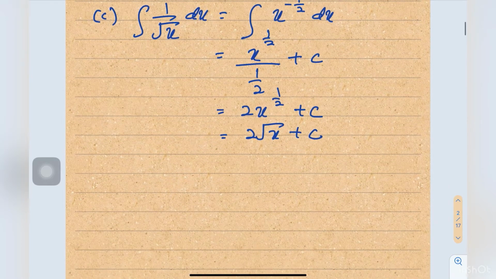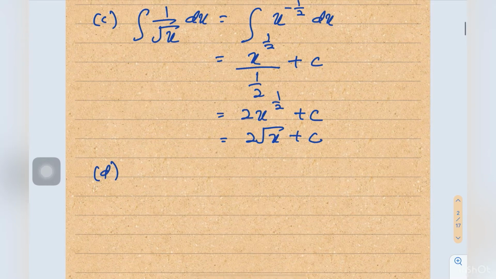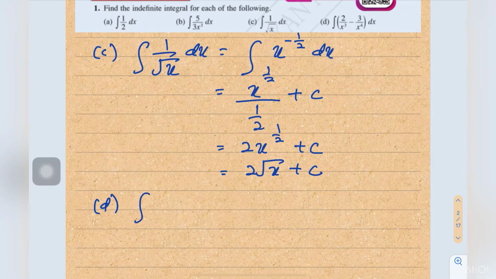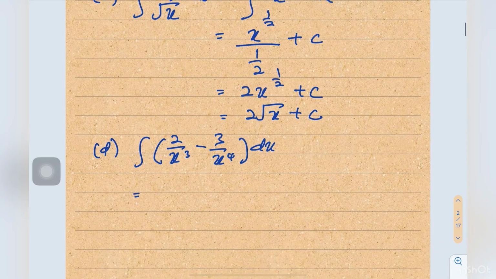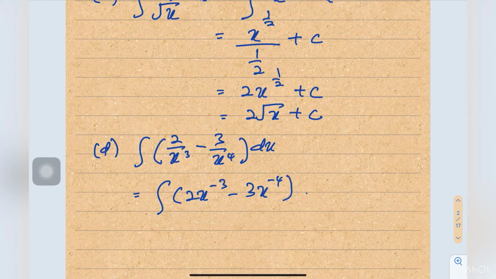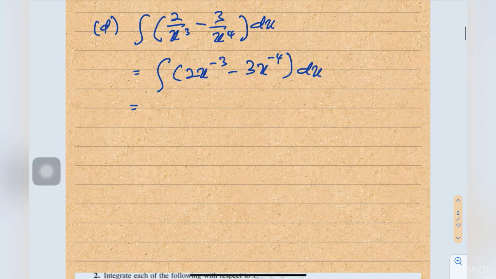Question d. Integrate 2 over x cubed minus 3 over x power of 4 dx. For this question, we move up first, it becomes 2x power of negative 3 minus 3x power of negative 4 dx. Then we start to integrate.